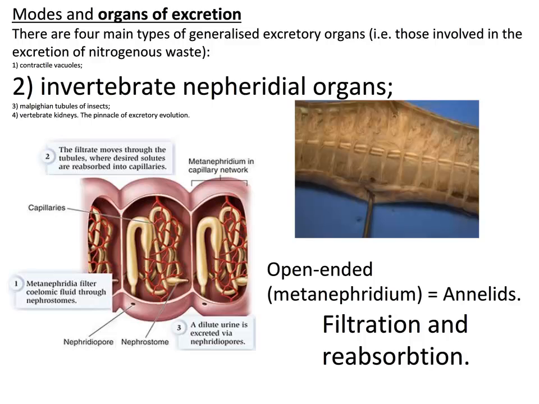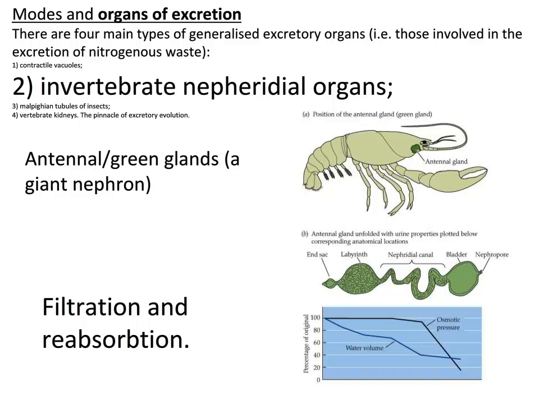If we move up a bit in the higher phyla, we can get a little more complicated, so we begin to resemble something that looks like a kidney. Here we're moving towards a kidney where we have ultrafiltration and reabsorption going on, and active transport obviously. Here we have a crustacean antennal gland, and we're almost getting towards what we can see as a normal urinary excretory system.